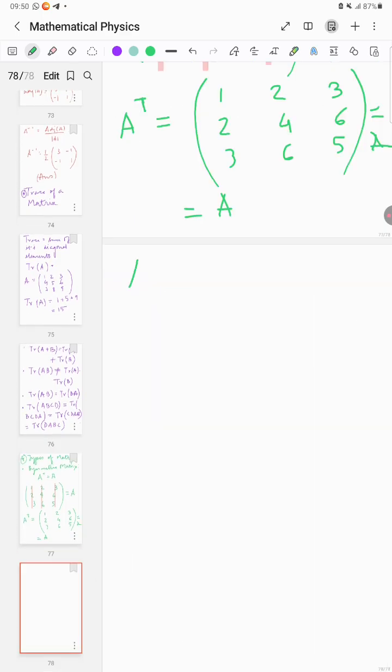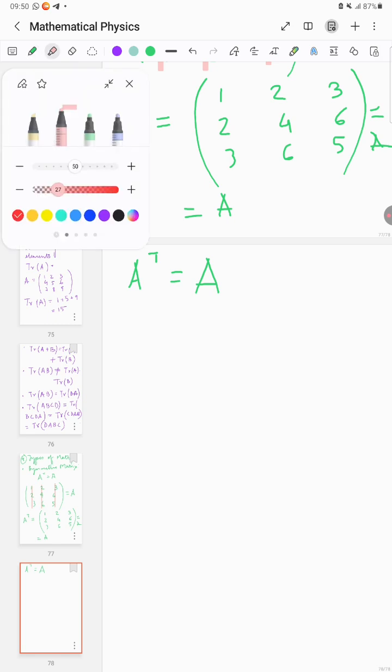For a matrix to be symmetric, we defined it as A transpose is equal to A, and this is what is coming. So we can make out a simple analogy from this.